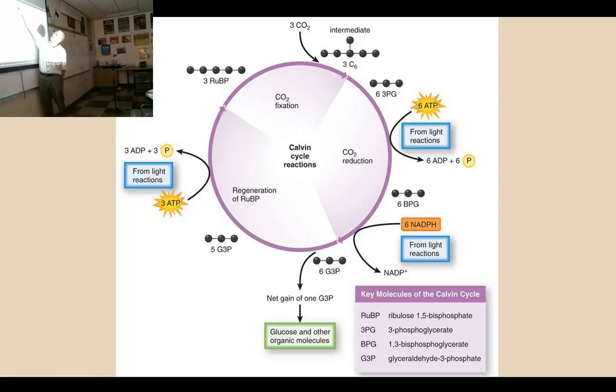We have carbon dioxide, and we take 3 of these CO2s together, and we make ourselves a 6-carbon molecule with a bunch of CO2s.